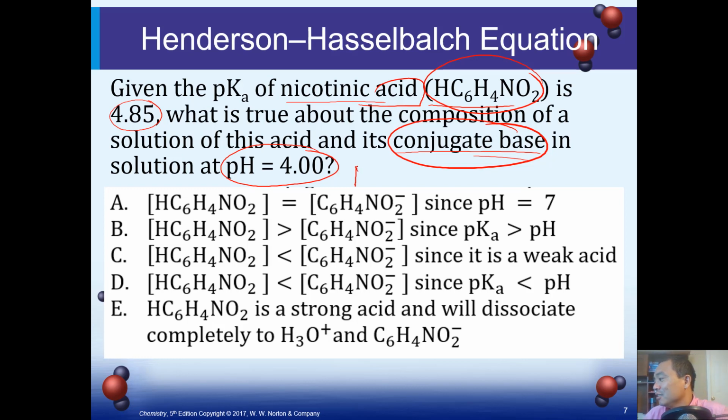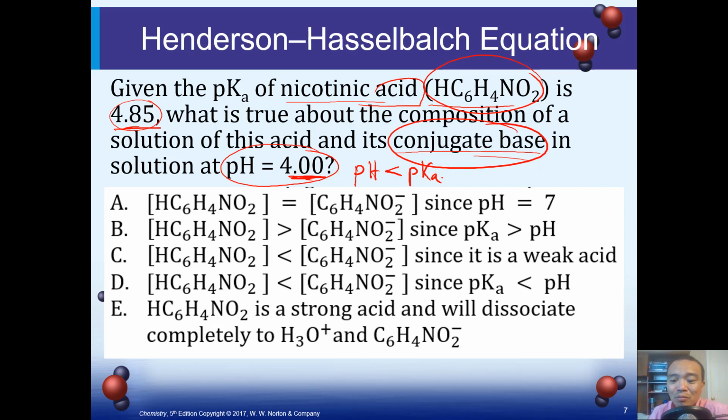In this case, you do know your pH is 4, which is smaller than the pKa. Or in other words, your pH is more acidic than when you have equal amounts of acid and conjugate base, which gives pH equal to pKa. In other words, this solution is more acidic.